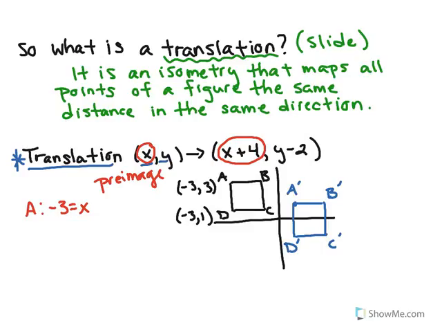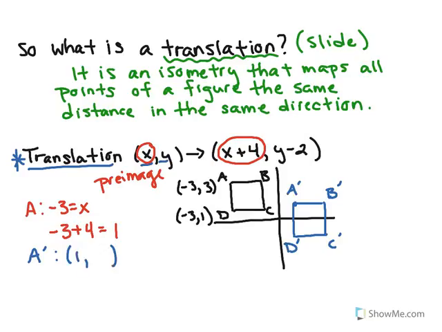So if I follow that rule, then that means I'm going to do -3 plus 4 to get the x coordinate of A prime, and that is equal to 1. So I know that A prime will have to have the x coordinate of 1 comma something.